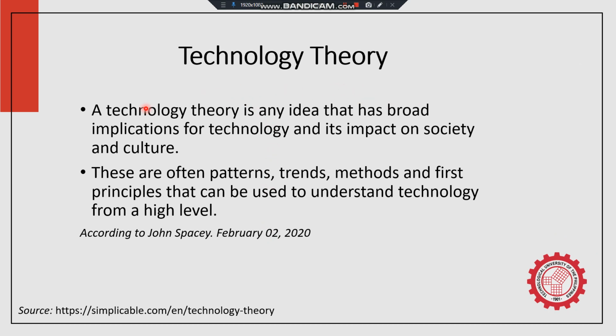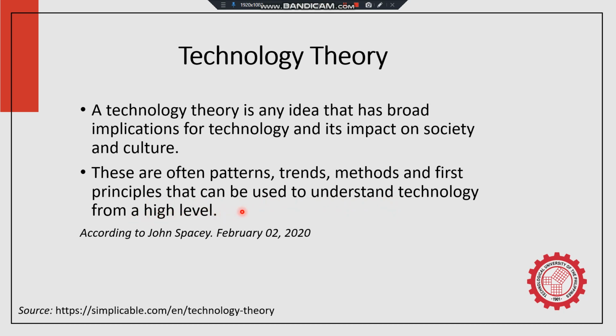Technology theory is an idea that has broad implications for technology and its impact on society and culture. These are often patterns, trends, methods, and first principles that can be used to understand technology from a high level.